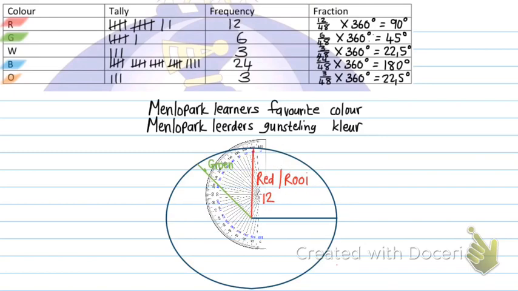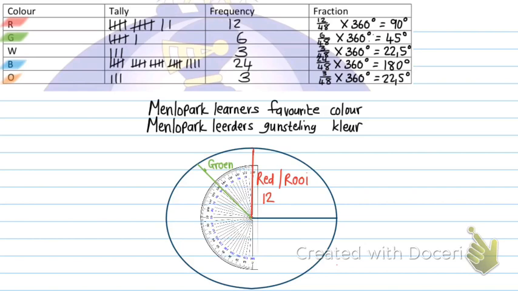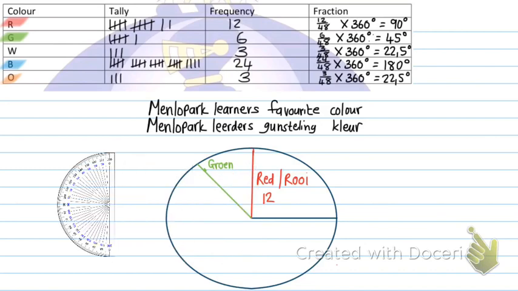Then, to get the next one, I move my protractor to the new line and I get 45 degrees. 45 degrees is the green. Then I remove my protractor and write green 6.